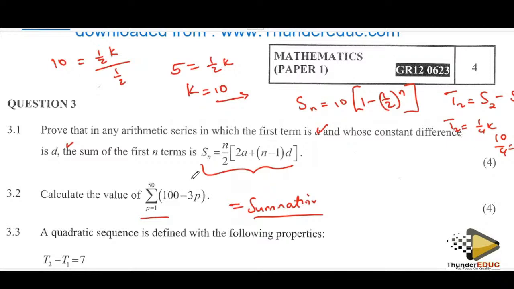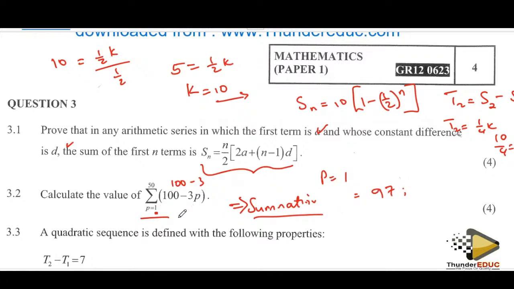Is it arithmetic or geometric? We can know that by simply substituting the values of p, or the unknown, into the given format. So if p is 1, what will this register? It's going to be 100 minus 3, which is going to be 97.